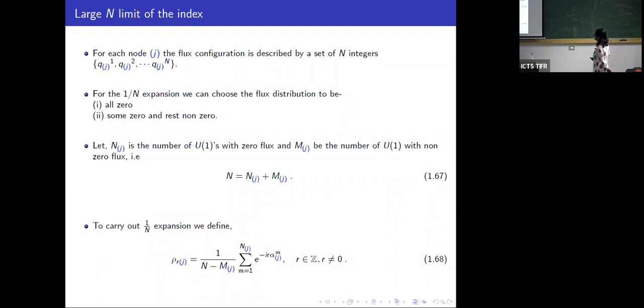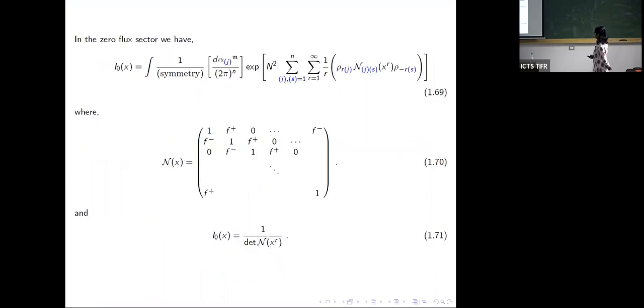We can choose them to be all 0, or we can choose some of them to be 0 and the rest of them to be non-zero. And then we write the rank of the gauge group as follows: N_0 is the number of zeros and N_j is the number of U(1)s with non-zero fluxes. Then we want to carry out a 1/N expansion. So we introduce a variable which contains 1/N, rho r, and then we substitute this in the expression of the index, and we can calculate the index.